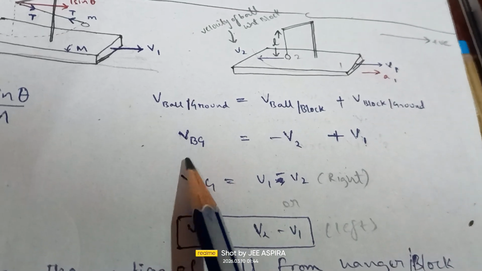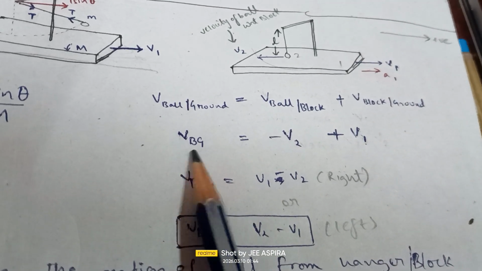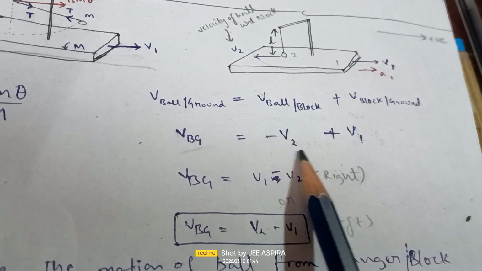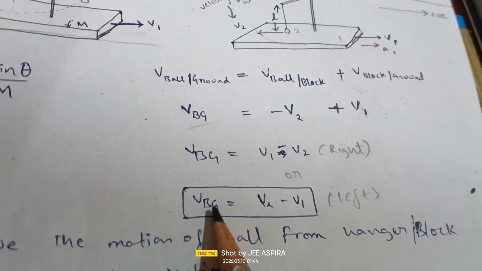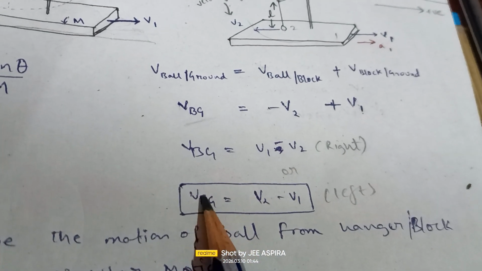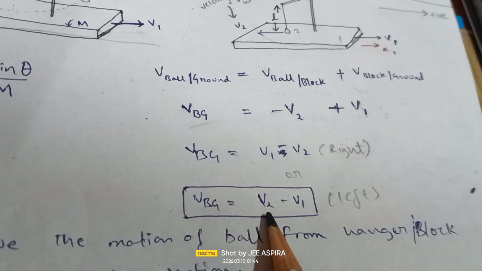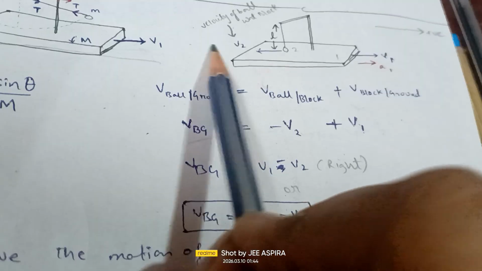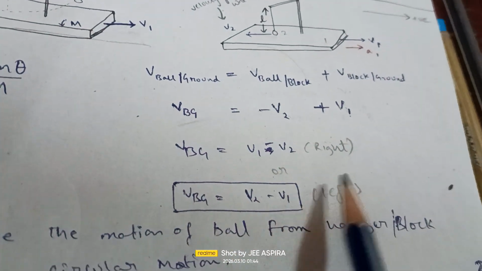So I can write that the velocity of ball with respect to ground frame is v2 minus v1 in the leftward direction.